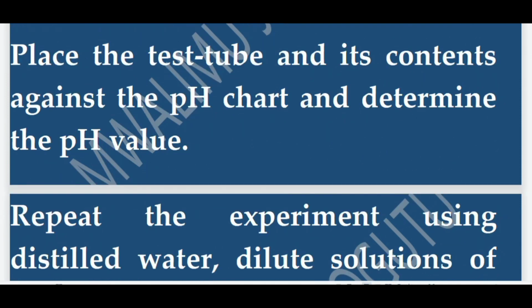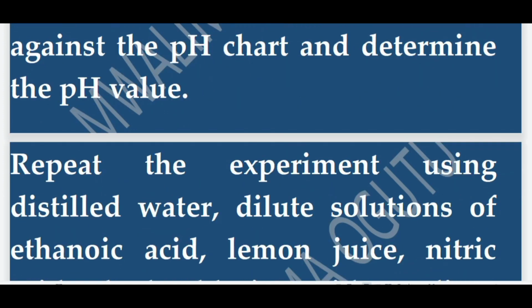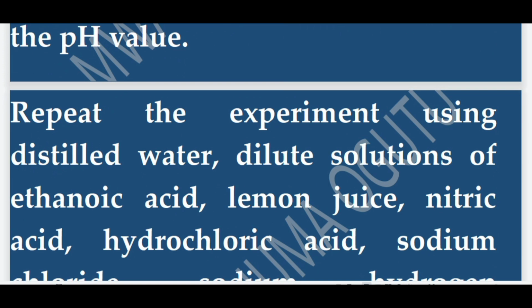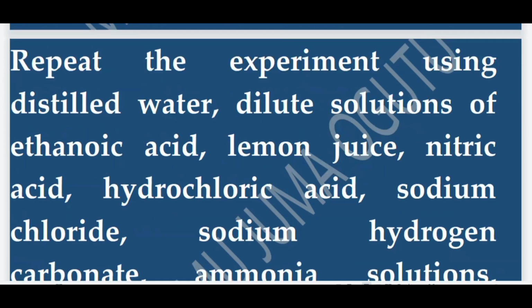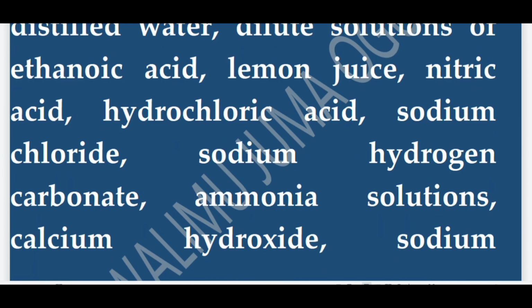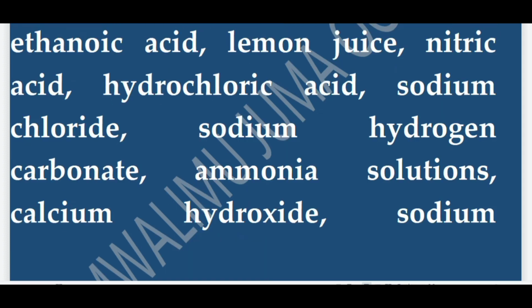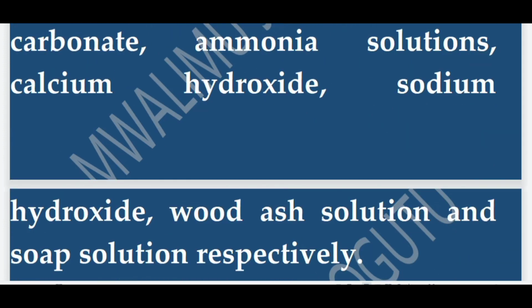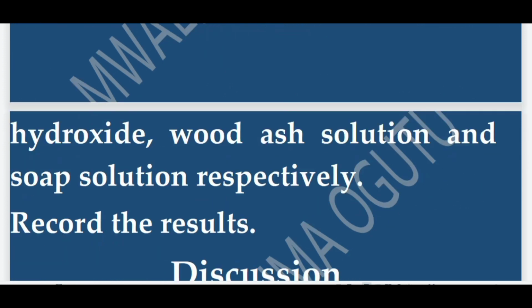We also repeat the same experiment using distilled water, dilute solutions of ethanoic acid, lemon juice, nitric acid, hydrochloric acid, sodium chloride, sodium hydrogen carbonate, ammonia solution, calcium hydroxide, sodium hydroxide, wood ash solution, and soap solution.